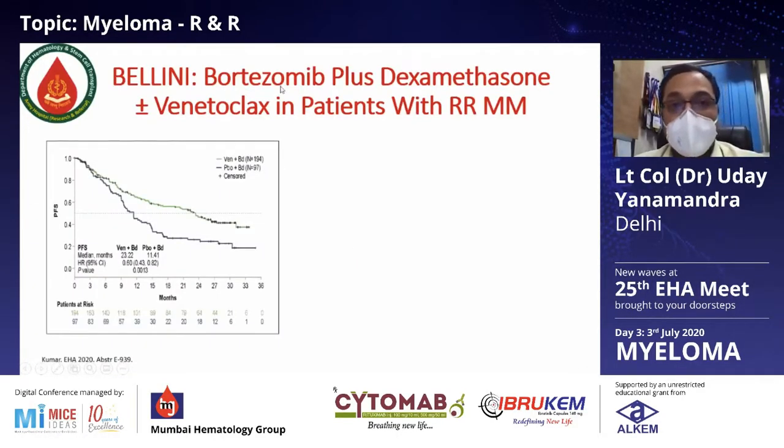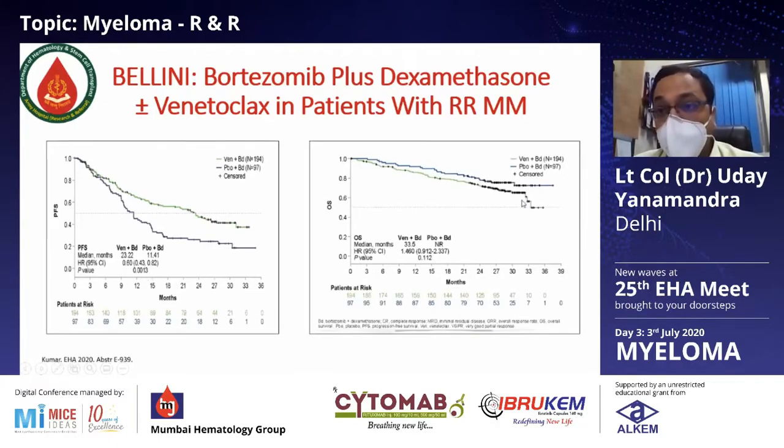Here, venetoclax was combined with bortezomib plus dexamethasone: venetoclax plus VD versus placebo plus VD. If you look at the progression-free survival, the green curve shows a beautiful response when compared to the placebo arm, and the reduction in the hazard ratio was 0.6 with a significant p-value.